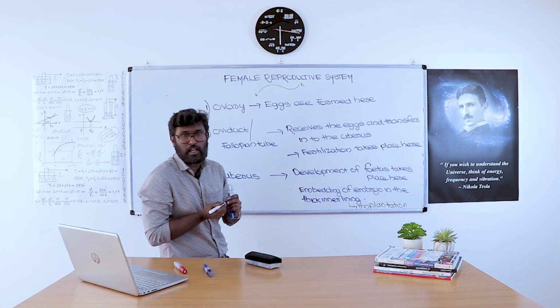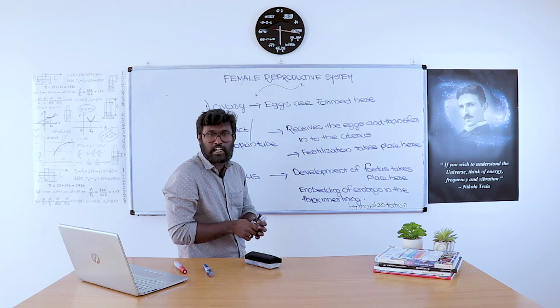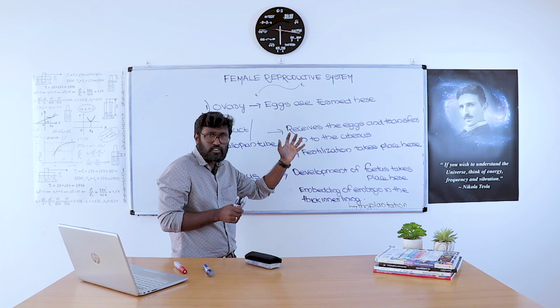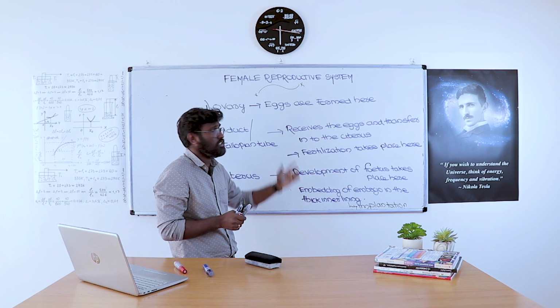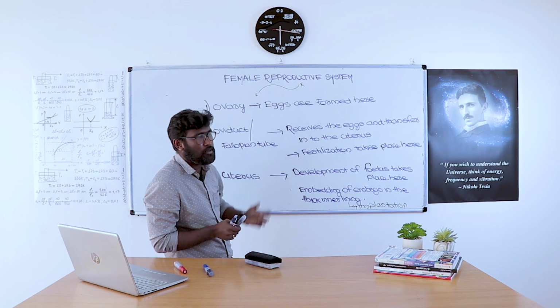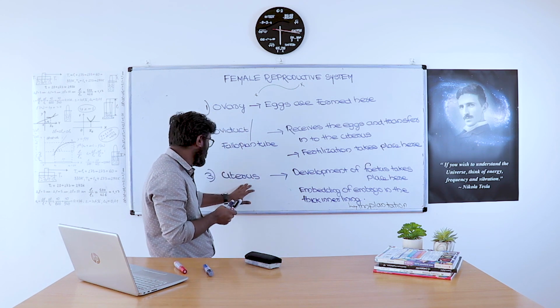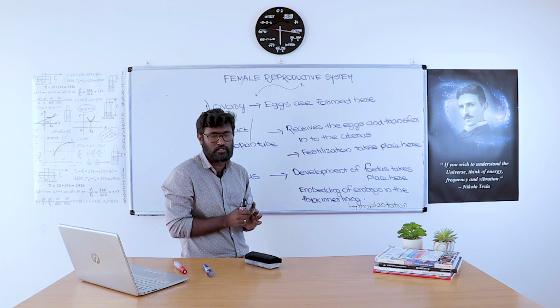The embedding of embryo in the thick inner lining of the uterus is called implantation. So these are the parts of the female reproductive system: ovary, oviduct or fallopian tube, and uterus.